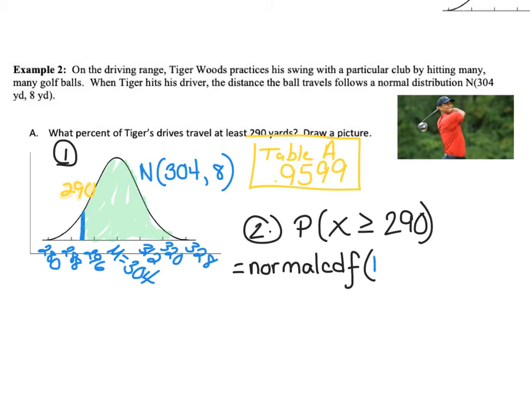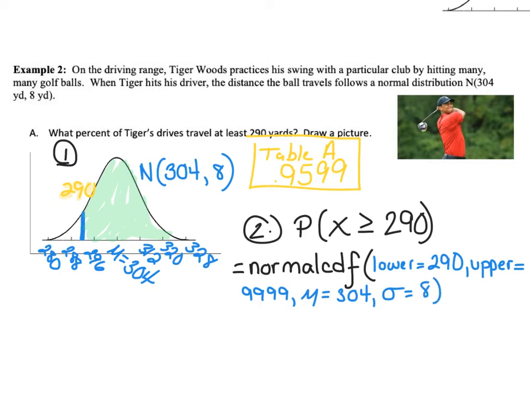So I would say lower equaled 290, comma, upper equaled, I'll just continue on the next line, my upper was, I put in 9,999, comma, mu, make sure you say mu because it's a parameter, equaled 304, comma, sigma equaled 8.